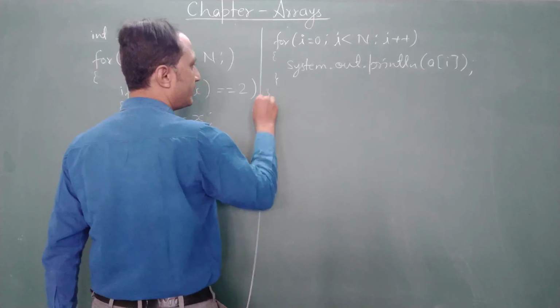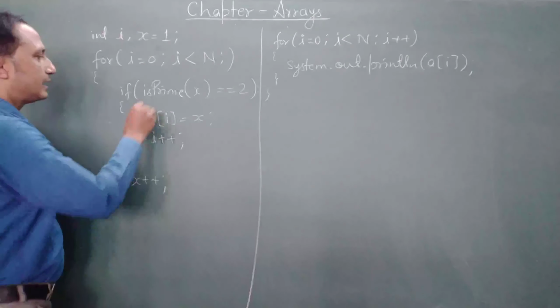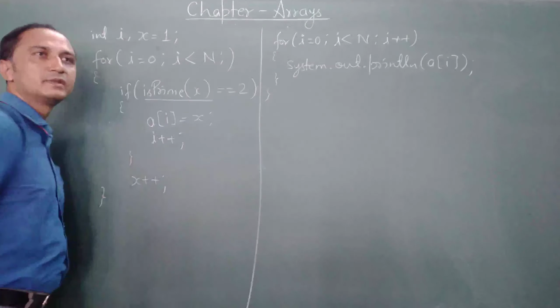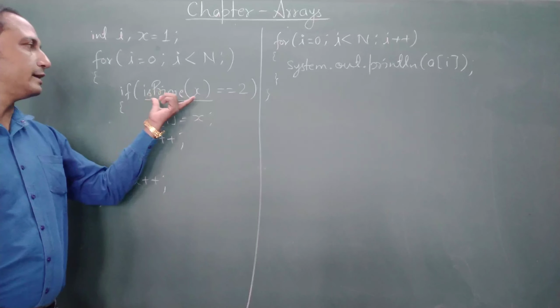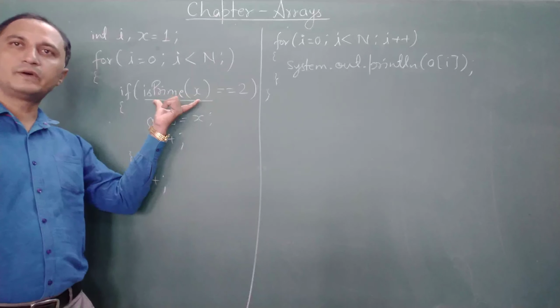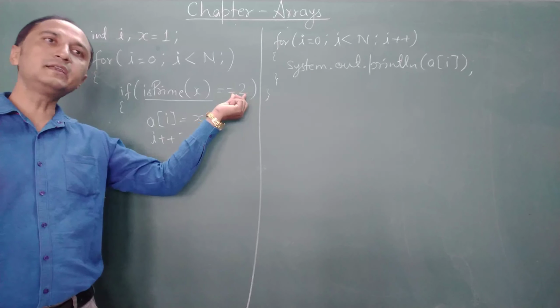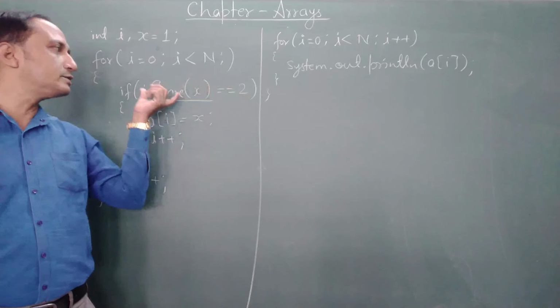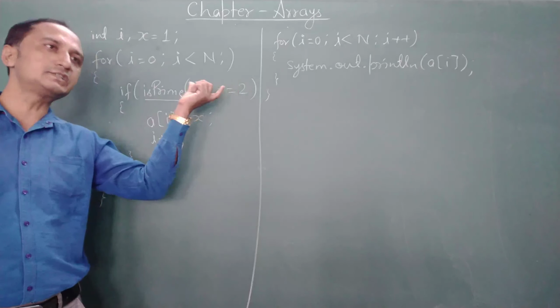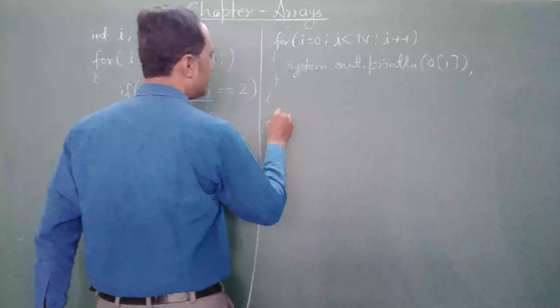Loop ends, main method ends. After that we will define the method isPrime. The value will be returned over here and it will be compared with 2, and 2 is an integer number, means we are comparing with integer numbers. So that's why its return type will be int.